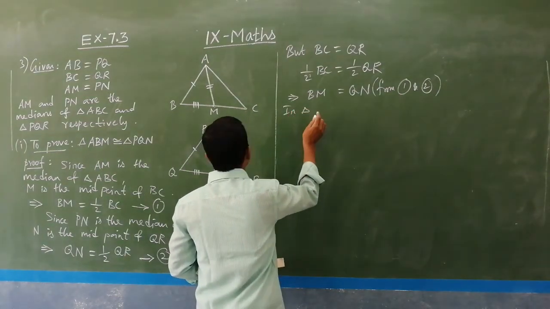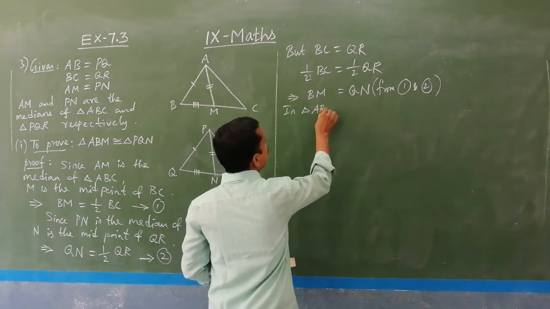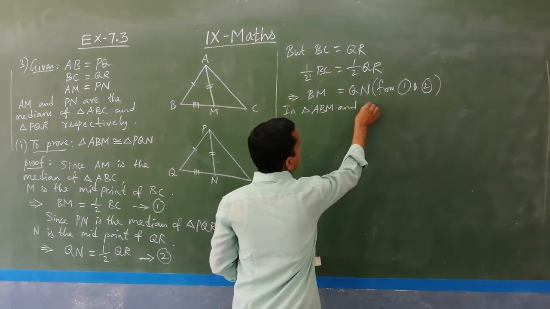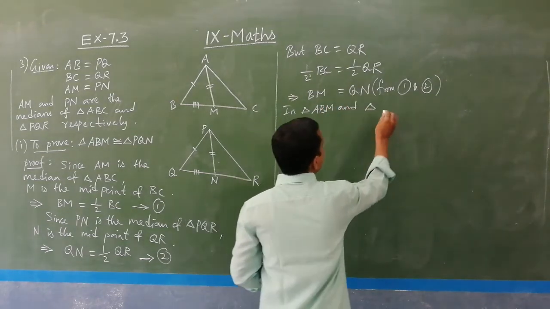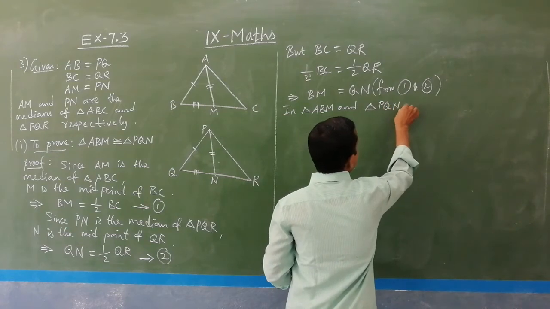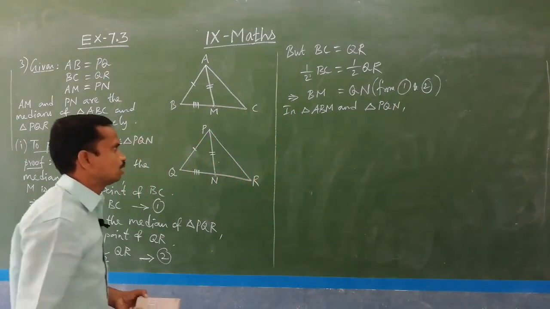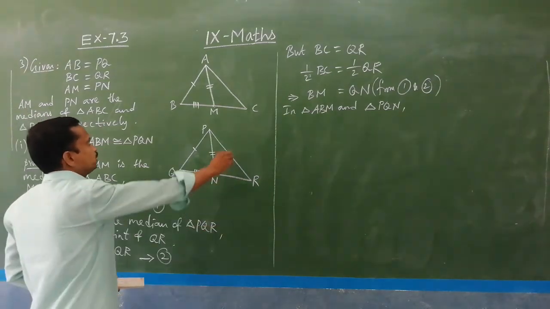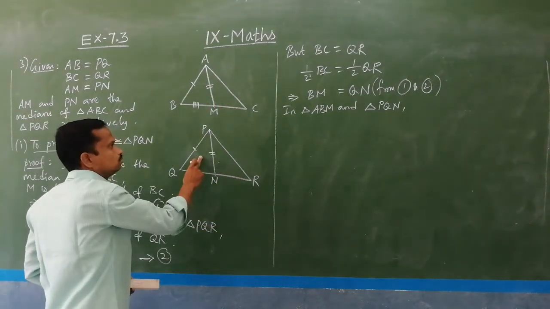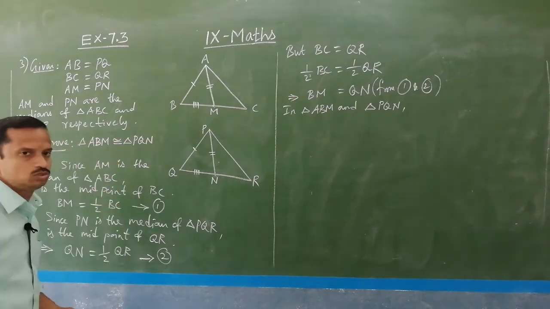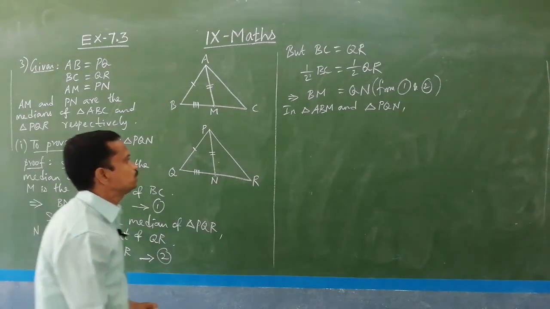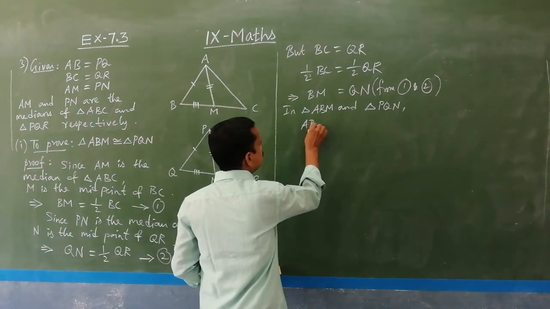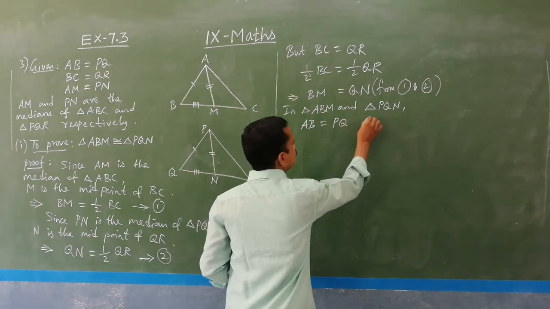From these two triangles, triangle ABM and triangle PQN, what comparison can we take? First of all, we have to show these two triangles are congruent. AB equal to PQ, this is given.